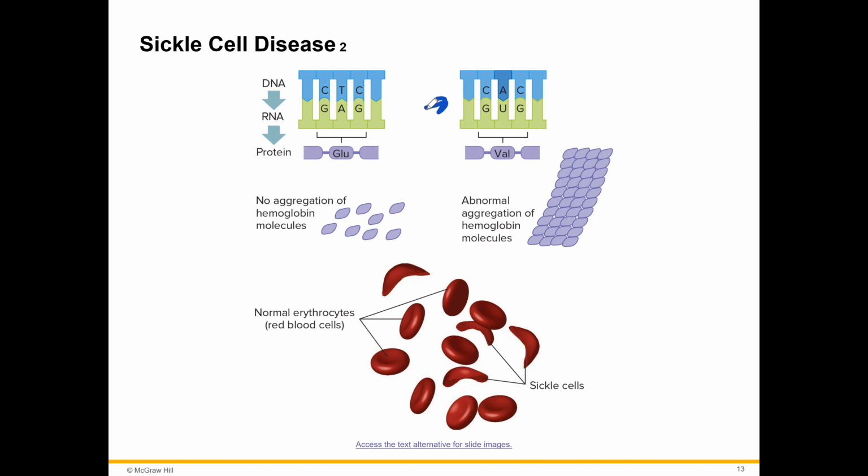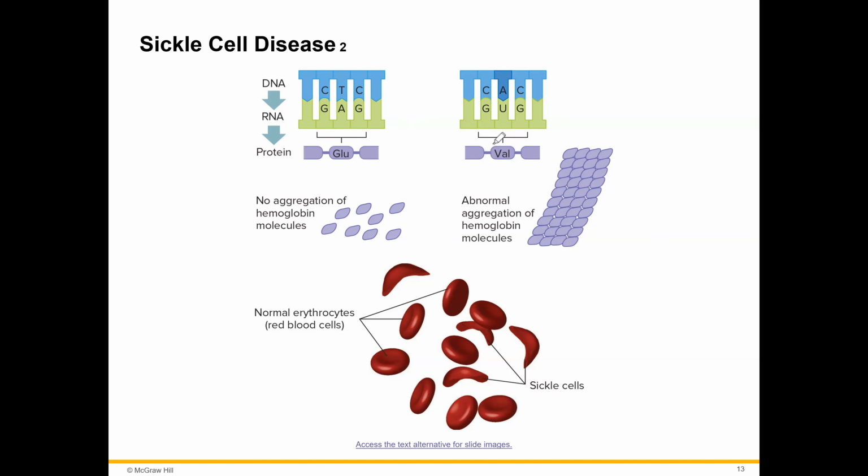Now, this is what happens if a person has a mutation in his or her DNA. So instead of CTC, the person has CAC. And when RNA is made, A pairs with U. So now instead of GAG, we have GUG. And unfortunately, GUG codes for a different amino acid, valine.